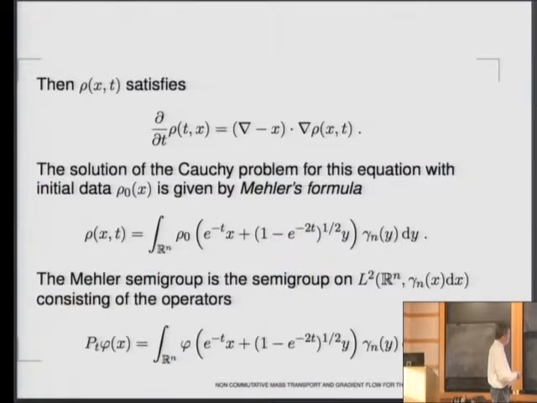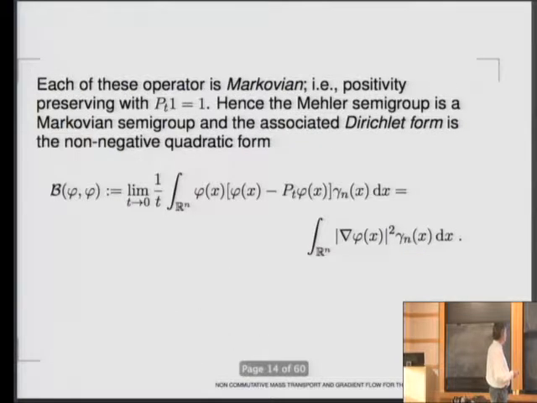Here's a nice formula for it, the Mehler formula, where you're doing a rotation. Think of this as cosine theta, then this would be sine theta. So you're doing a rotation and taking a marginal, and that gives you a semigroup, and there's the complete solution of it. One knows everything about this equation. It's a positivity preserving Markovian thing, so if you differentiate, there's a Dirichlet form for it, just the generator integrating by parts, which is this gradient squared integrated against that.